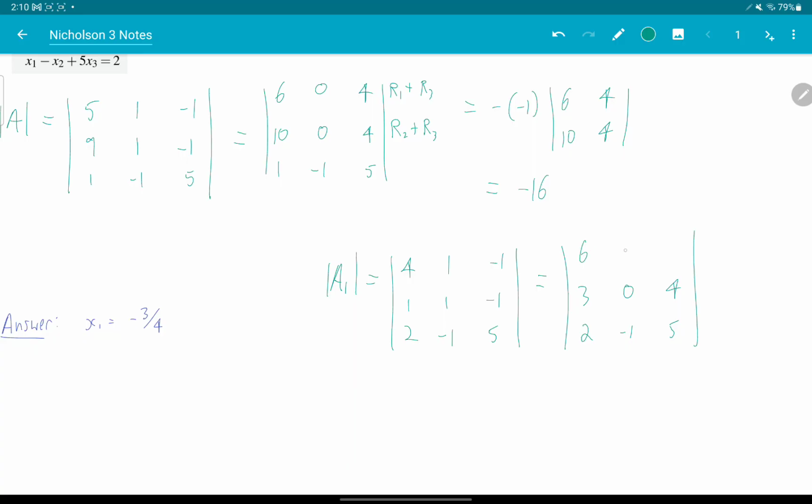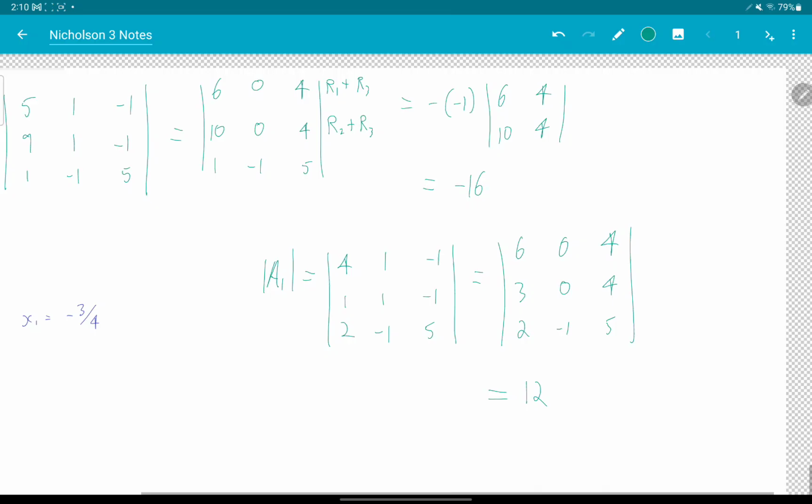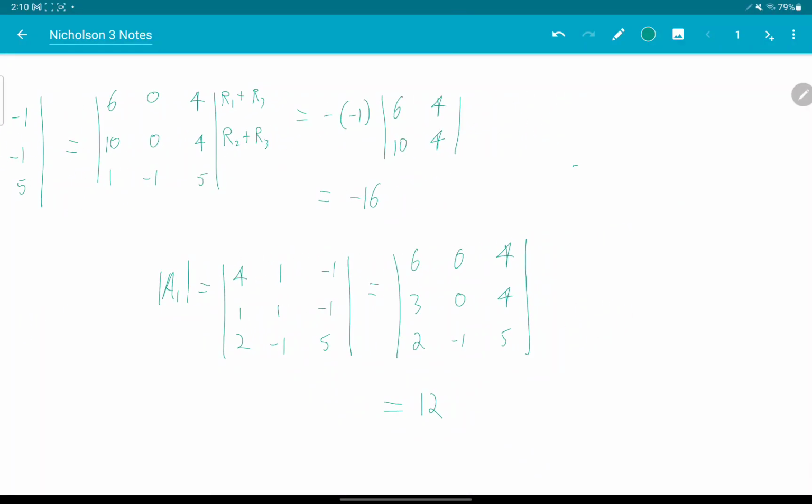And what do I get? 0, 4. So what do I get? 24 minus 12, which is 12. So my x1 is 12 over minus 16, which is minus 3 over 4, as expected.